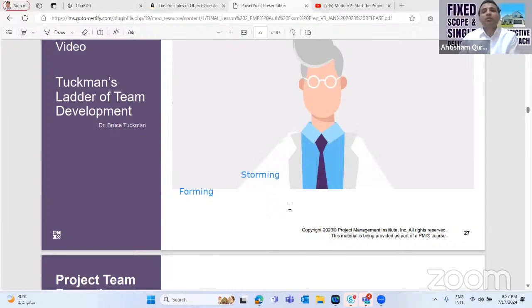The role of the project manager in this stage should be to resolve the conflicts and promote collaboration so that the team gels. How can it be achieved?